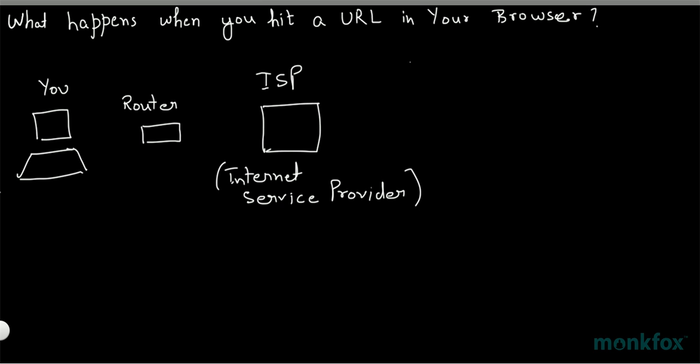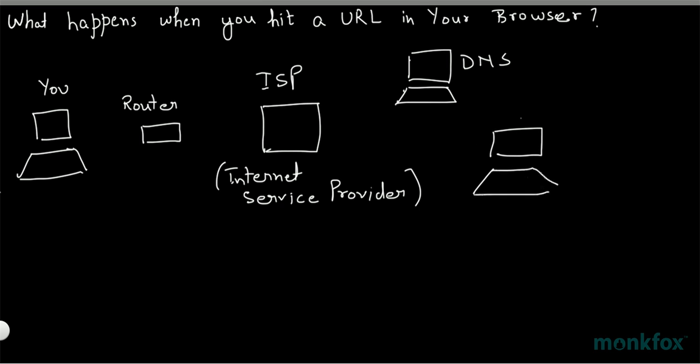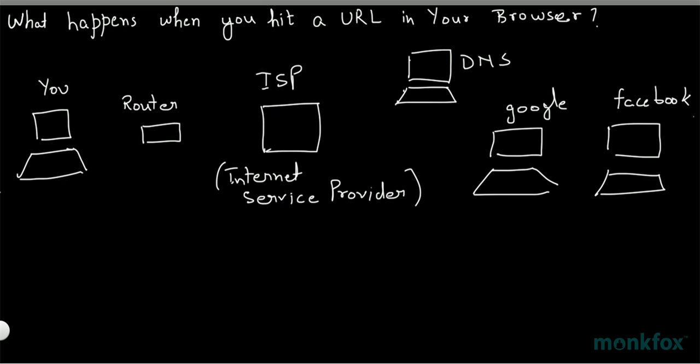Then beyond this ISP, there are various machines. Some of them are DNS machines. There are Google servers, Facebook servers, and many other servers.